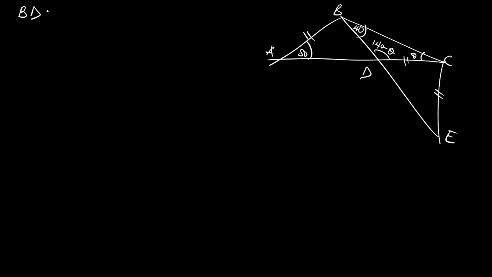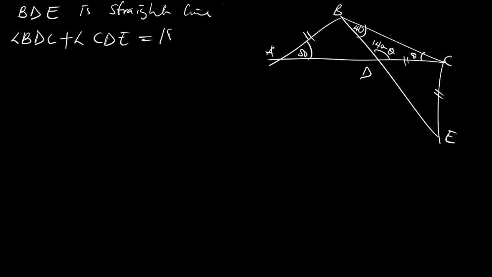B, D, E is a straight line. So angle BDC plus angle CDE is equal to 180, angles on a straight line is equal to 180.